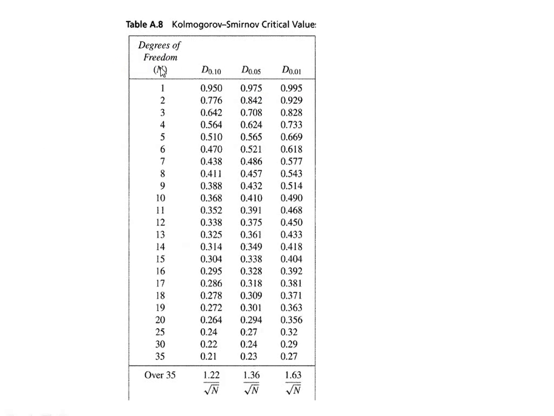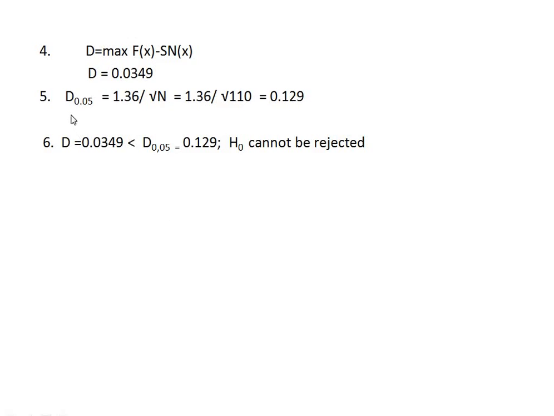For n greater than 35, the calculation is like this: with significance level 0.05, we calculate D 0.05. For n over 35, it is calculated as 1.36 divided by root of n. The same thing is applied here.